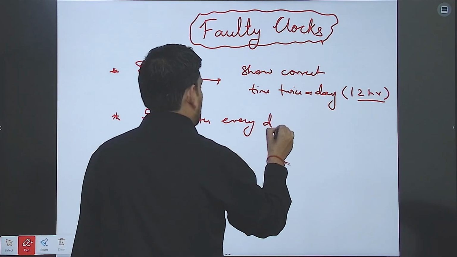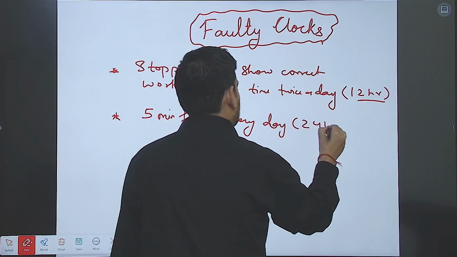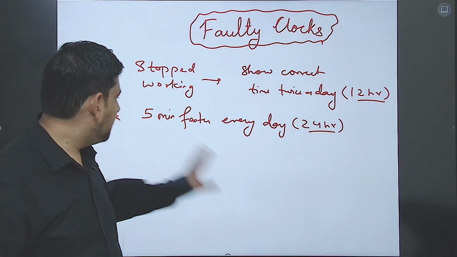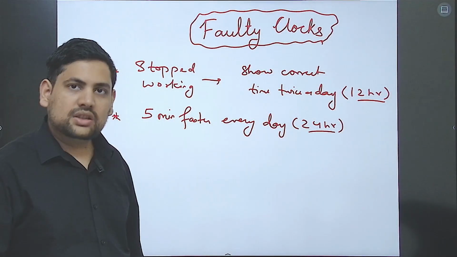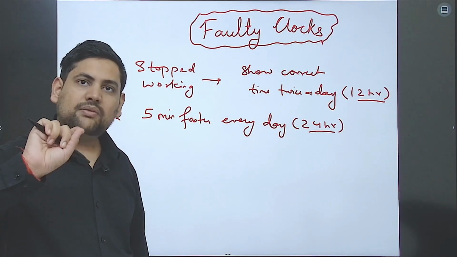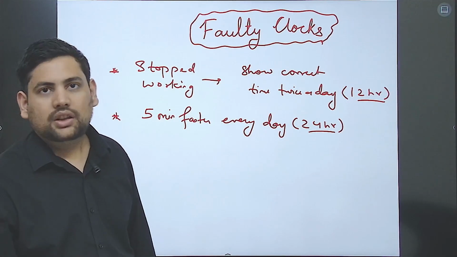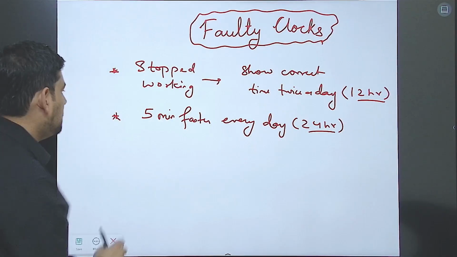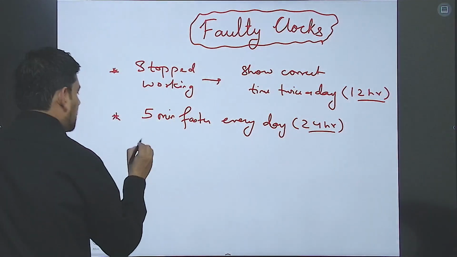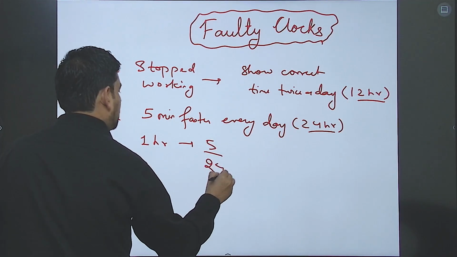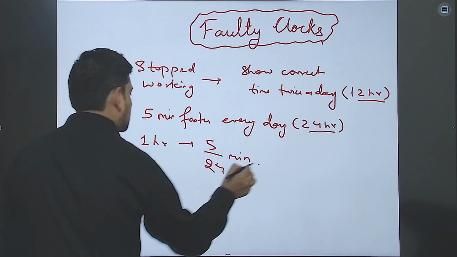every day, that is 24 hours, then it won't be that when you count one day it becomes 5 minutes. Actually this clock is 5 minutes fast. That means every minute, every second it is slightly faster than it should have been. So if it is 5 minutes faster in 24 hours, in 1 hour it will be 5 by 24 minutes faster.